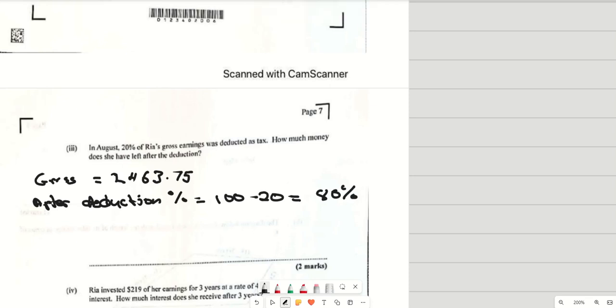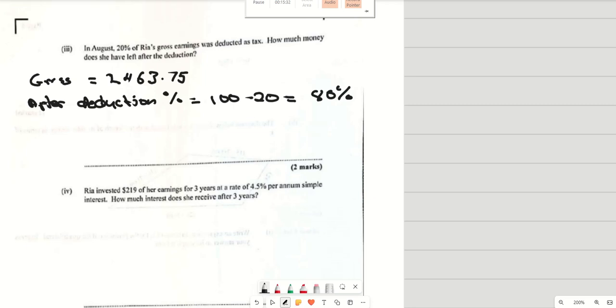So after deduction, the percent would be 100 minus 20, which is equal to 80%. So this question says, we want to find out what is 80%.